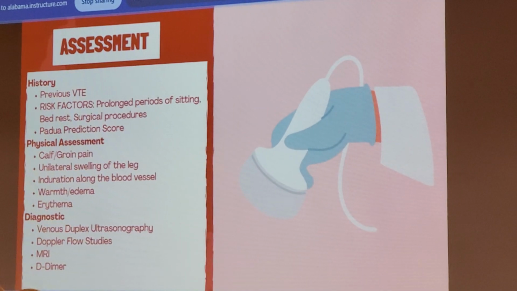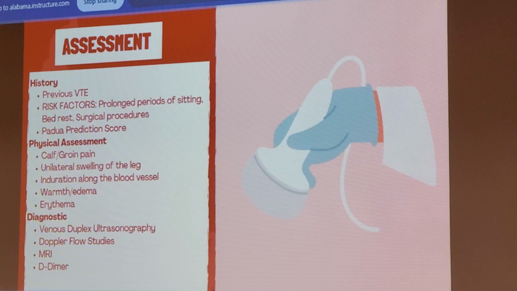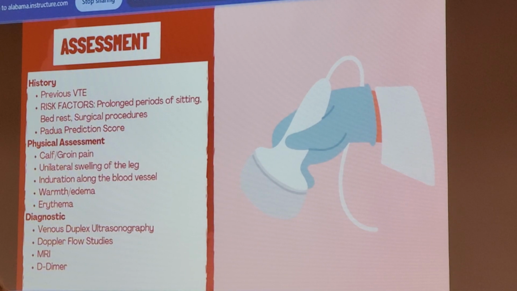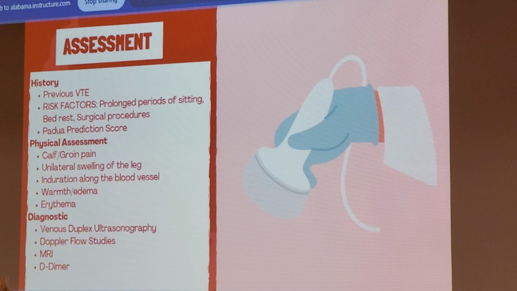Can you get a DVT in other places? I know we always talk about legs, but you can get them other places, like arms. In your arms, I've seen where people have multiple clots, and they just have a higher risk of developing clots.